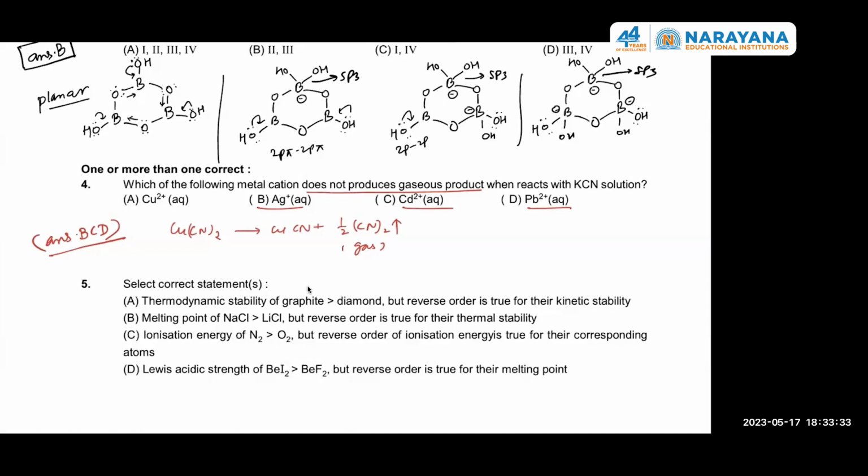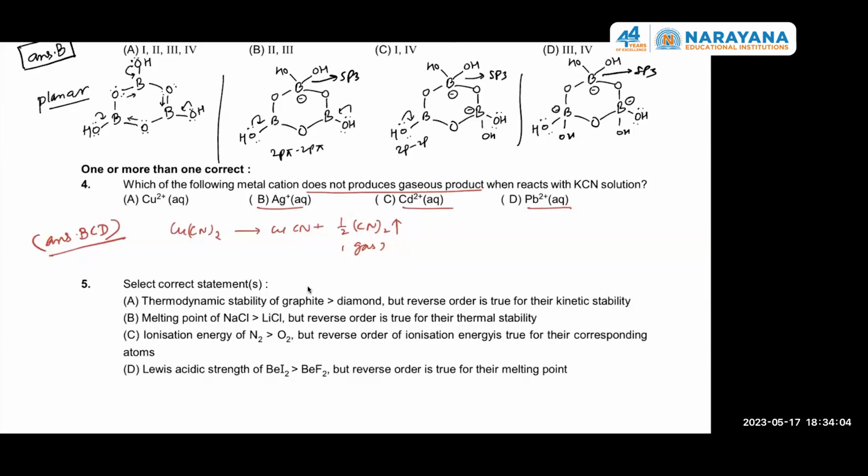For statement B, the melting point of NaCl is greater than LiCl because of its ionic character. NaCl is ionic, LiCl is covalent. So for covalent character, the melting point will be decreasing. But in the case of thermal stability, both have ionic lattices only. LiCl also has a lattice that is wholly ionic, because Li plus and Cl minus first form their lattice and then covalent character will be there also.